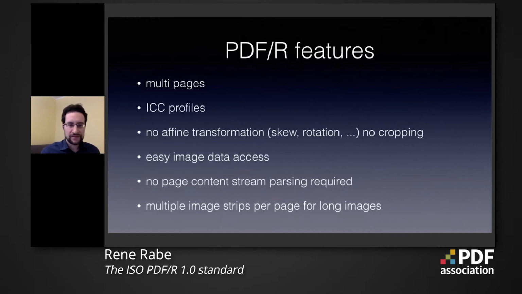And this also means that you do not need a whole PDF framework, like a huge library, because due to the nature we defined PDFR very specifically, it does not require a full PDF library or render or rasterization pipeline to display these images, because the images in the file can be used directly.